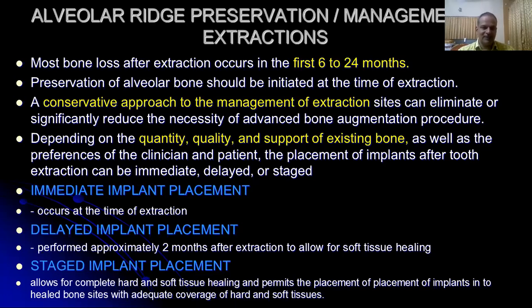Then the implant is placed in a completely healed bone site, and there is adequate coverage of both hard and soft tissues, which helps in resolution of any previous infections that are present, and the soft tissue management will be easier and may not require any subsequent soft tissue augmentation procedures.